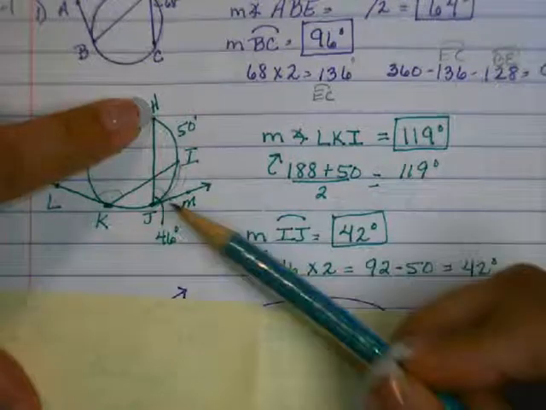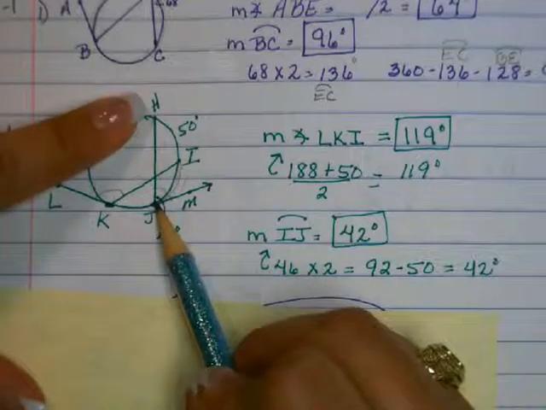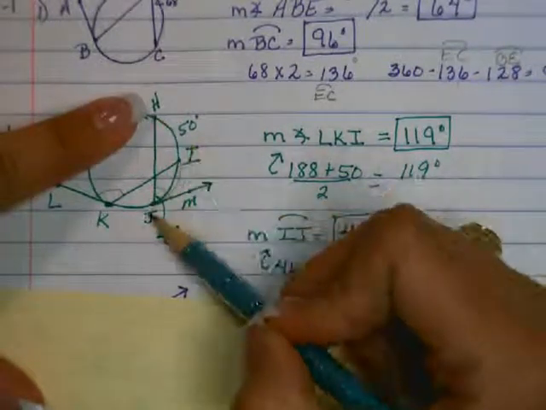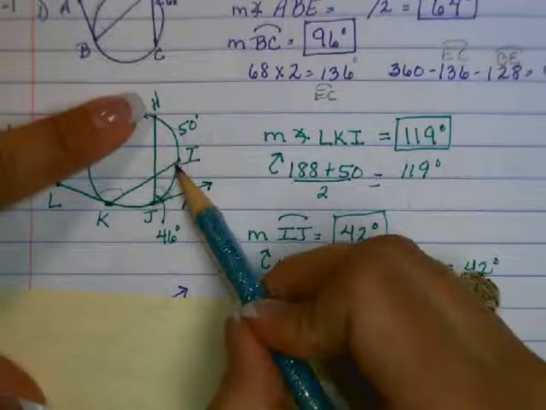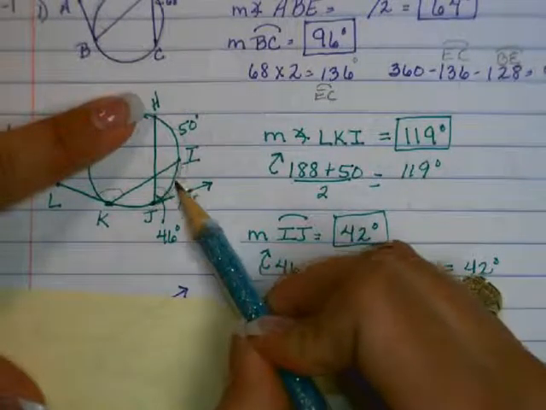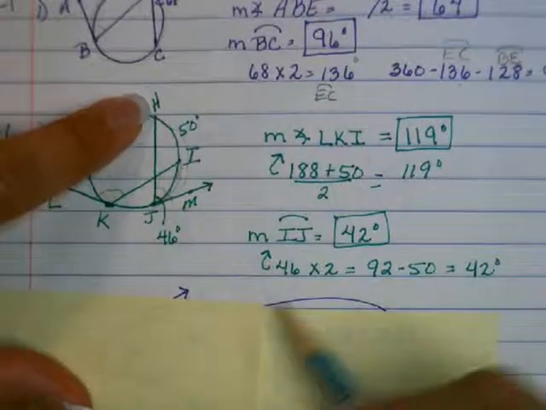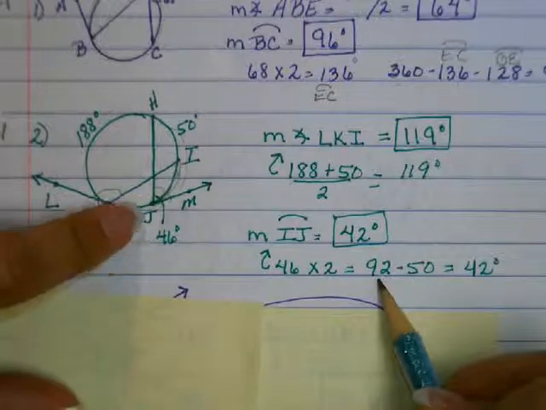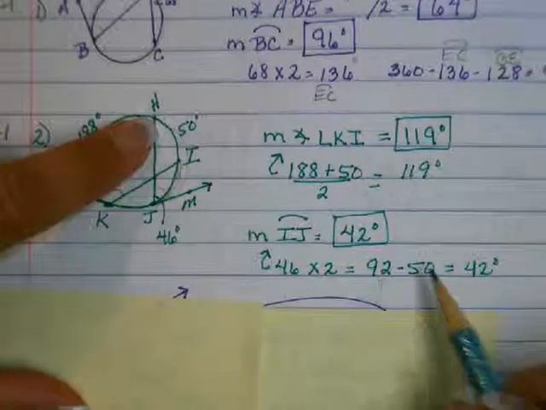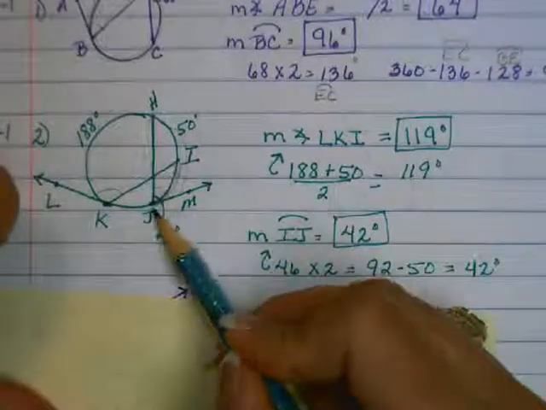So we need to do 46 times 2 to figure out what this full arc is. So 46 times 2 is 92, but I only want this little piece of it, okay? So 92, that's the whole arc, minus the part I already know, gives me what's left for IJ, which is 42 degrees.